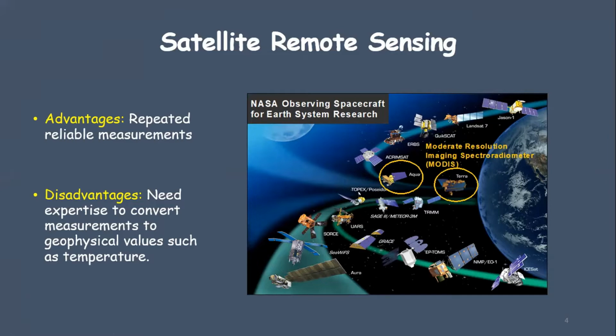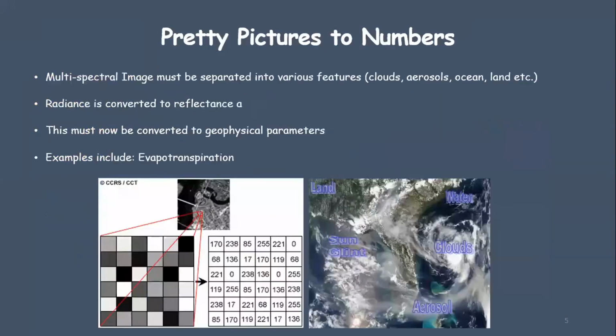Then, as human beings, we have to interpret them and use different formulas to convert these measurements into geophysical values like temperature, sea surface temperature, pH values, salinity, and many other parameters we work on.